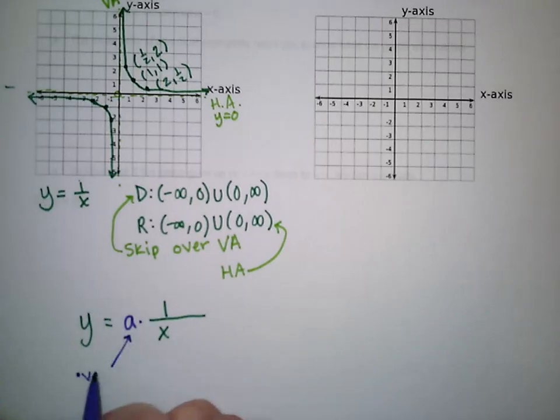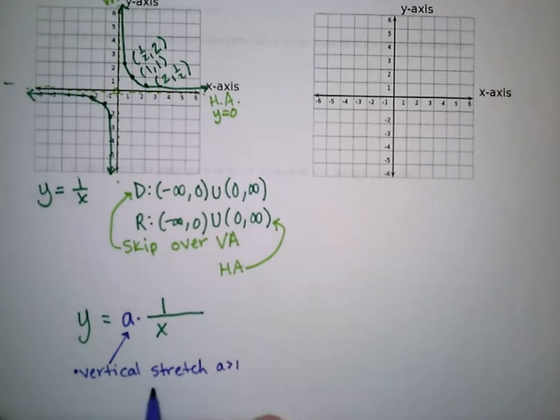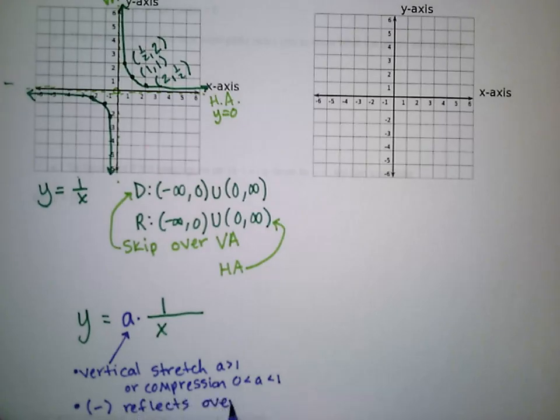So that will be a vertical stretch or compression. It's a stretch if that number is bigger than 1. It's a compression if that number is between 0 and 1. Remember, if that number is negative, that is going to be a reflection over the x-axis.